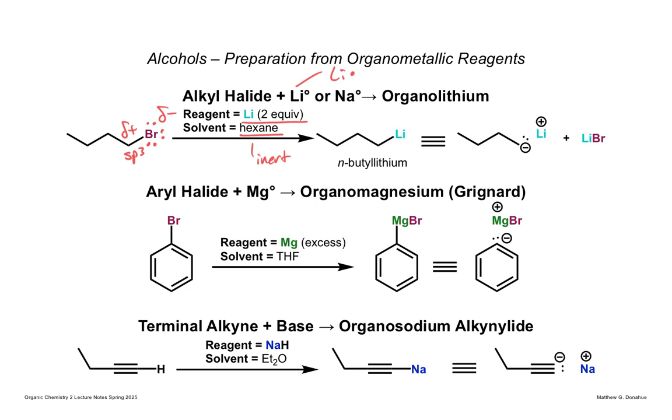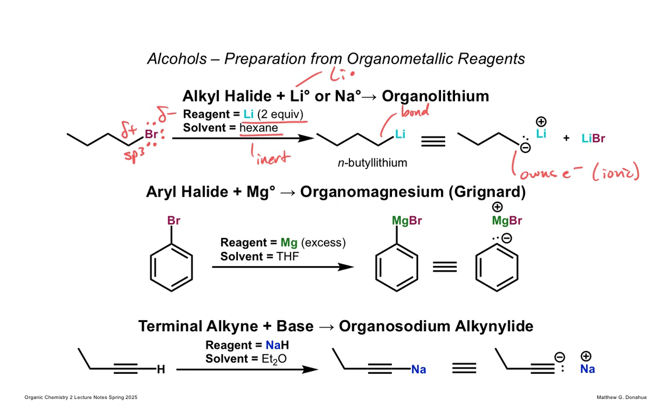So I'm drawing the molecule like this with a bond. Normally you think that's a polar covalent bond, but the better way to think of it now is that that carbon owns the electrons in the bond. And so in a sense, it is ionic. It's carbon minus, lithium plus.